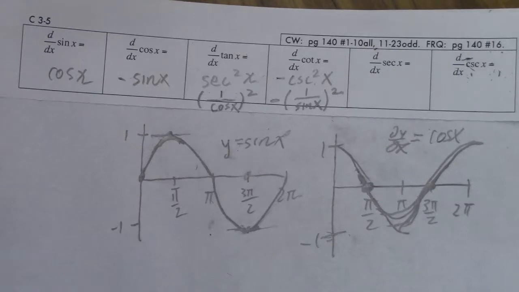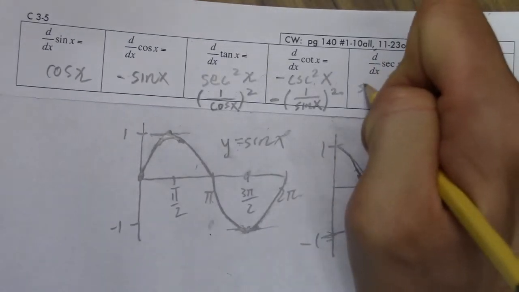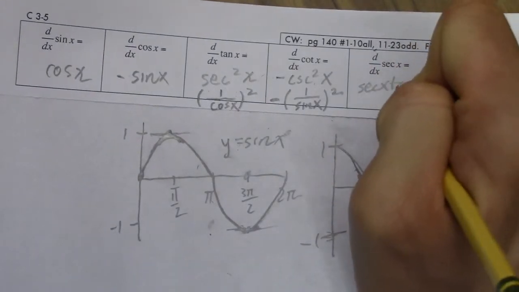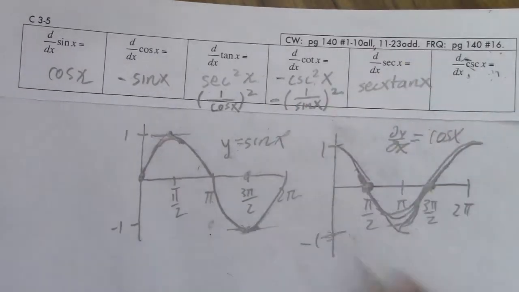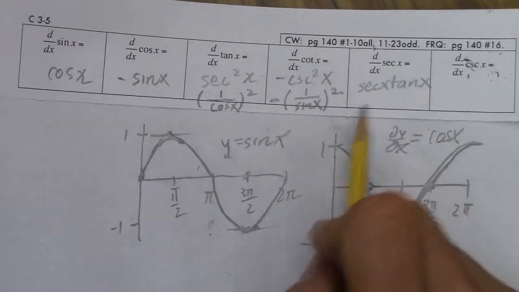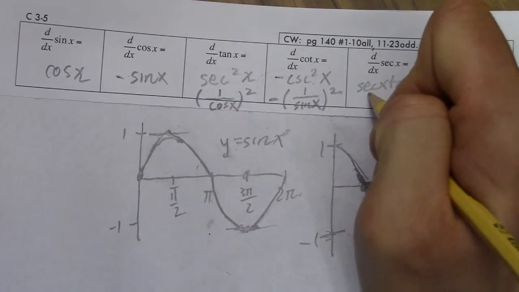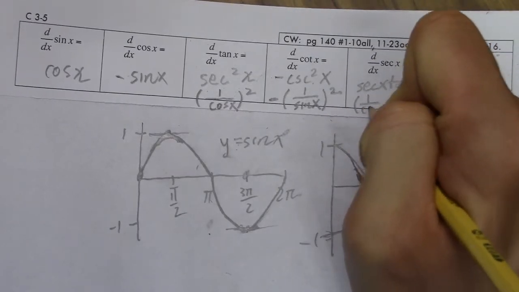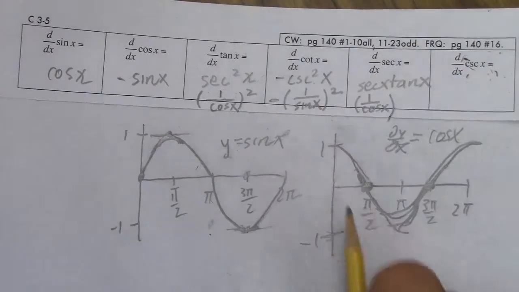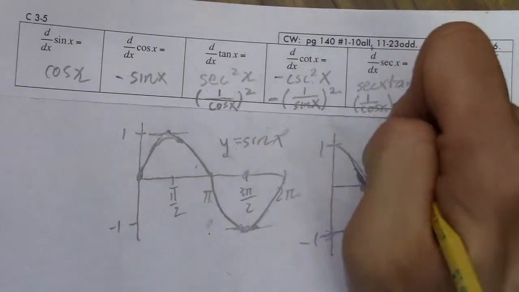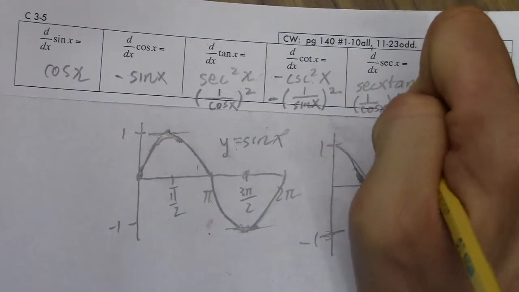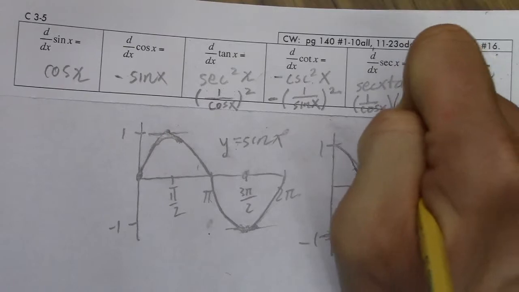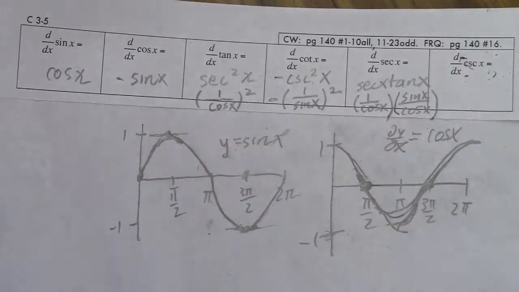Looking good. The derivative of secant is sec x tan x. For some reason that's my favorite. Secant is 1 over cosine, and tangent is sine of x over cosine of x.